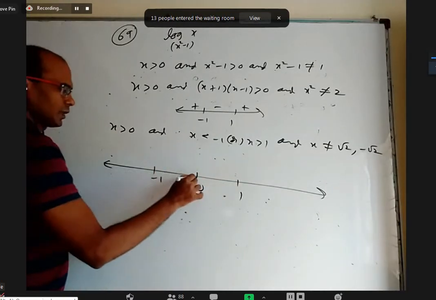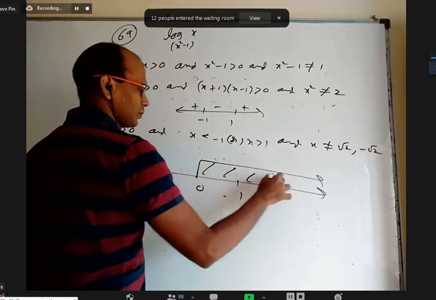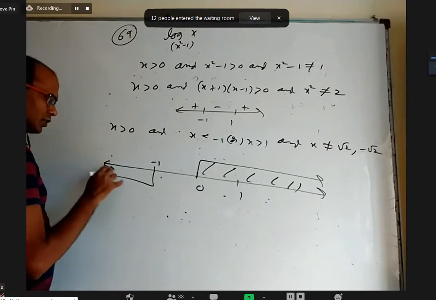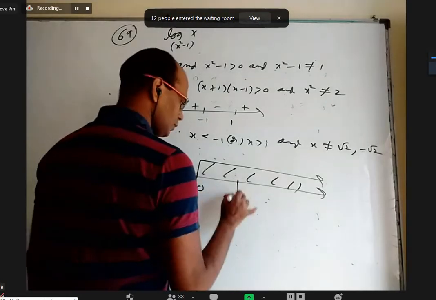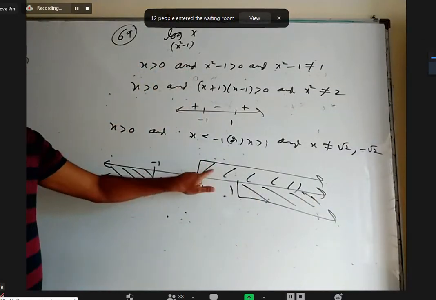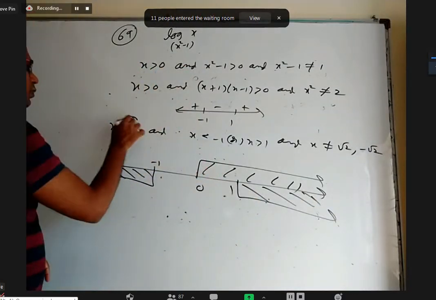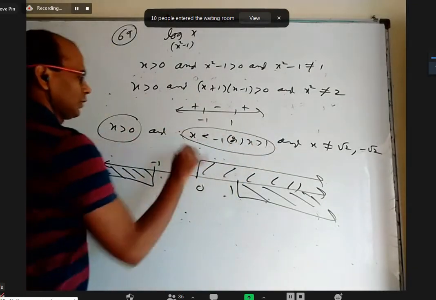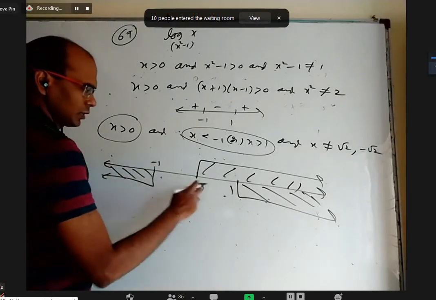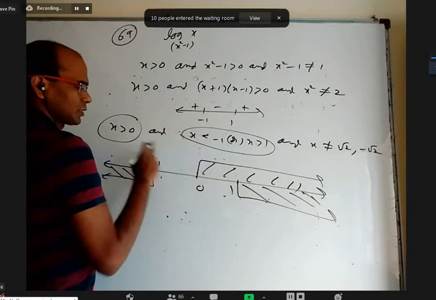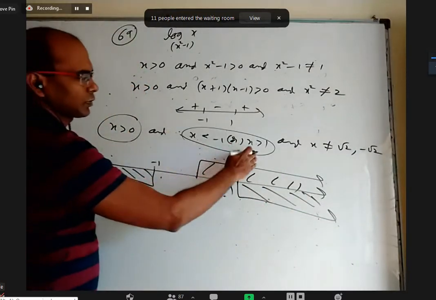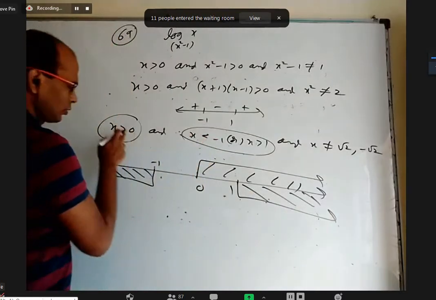This one says x should be greater than 0, all these values. This one says less than minus 1 and more than 1. But I want both. x should be positive, this inequality and this inequality. After 1, x should be positive, and on top of that more than 1, so it should be more than 1. Negative is not okay because x must be positive.